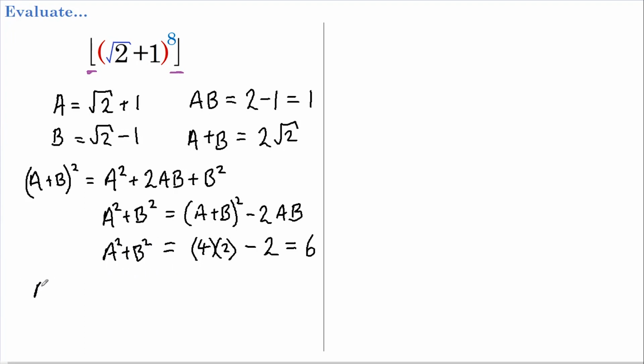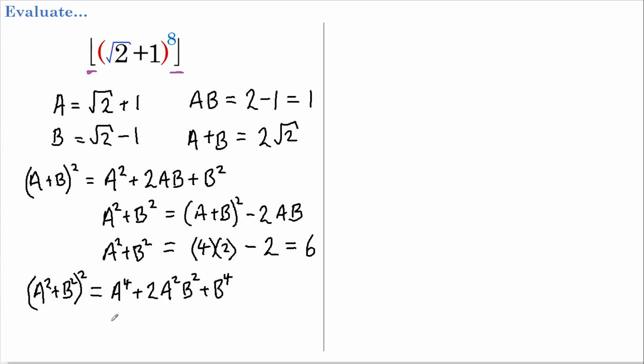Now let's take A squared plus B squared and square all of it. So this is a similar process to the above. So A squared squared is A to the 4. We then get 2 lots of A squared B squared plus B to the 4.